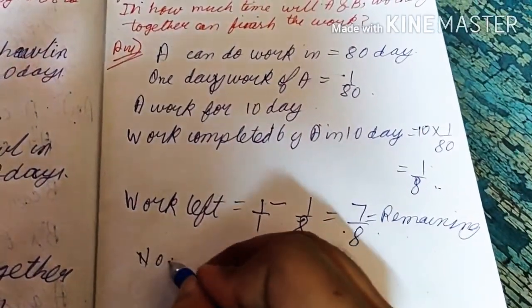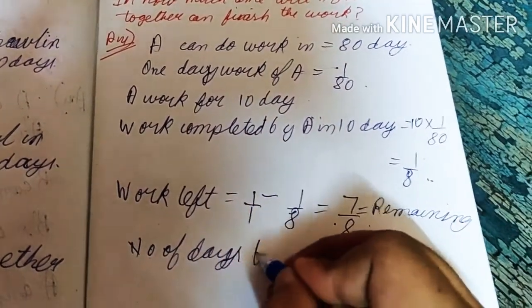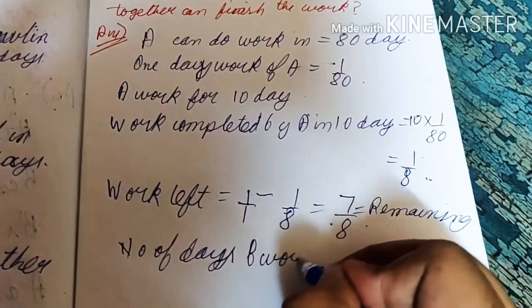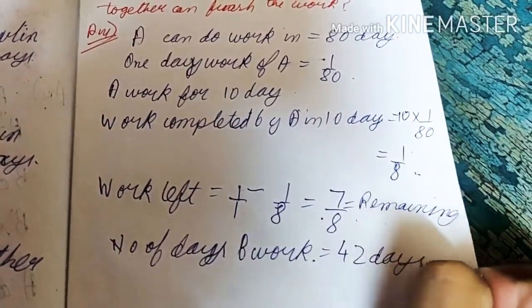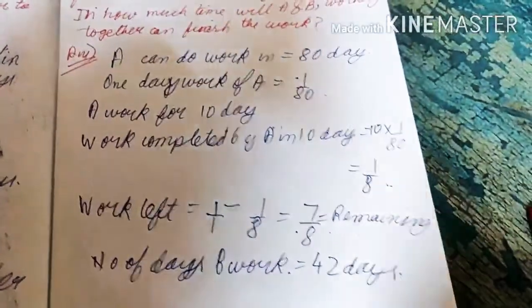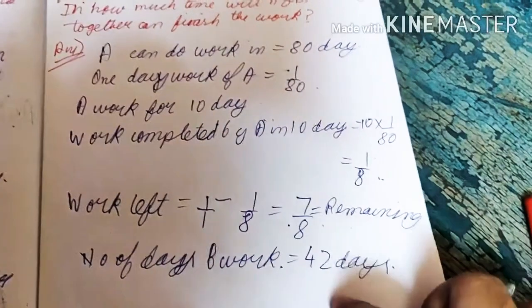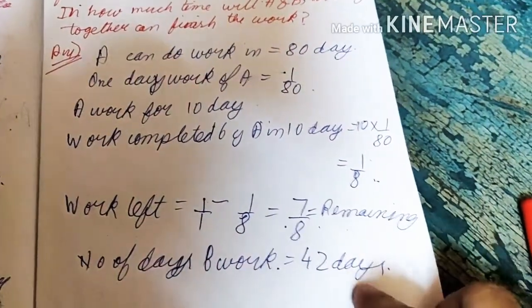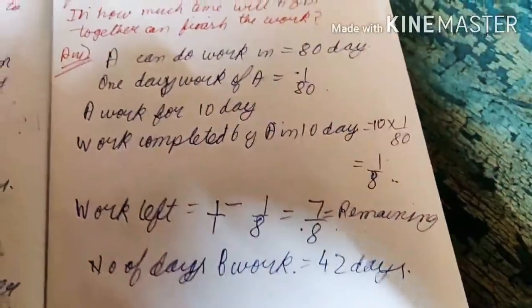Number of days B works equals 42 days. B takes 42 days to complete the remaining work. It's not that he is completing the whole work in 42 days. The 42 days are the days required to complete the 7 by 8th of the work, not the complete work.